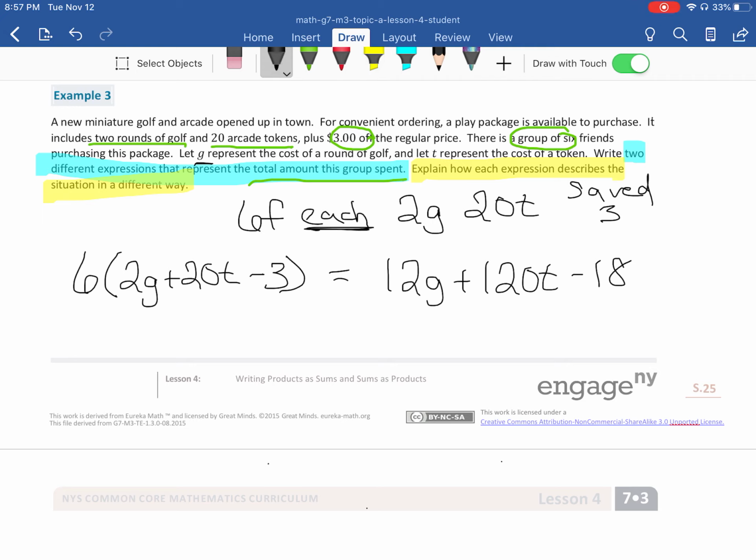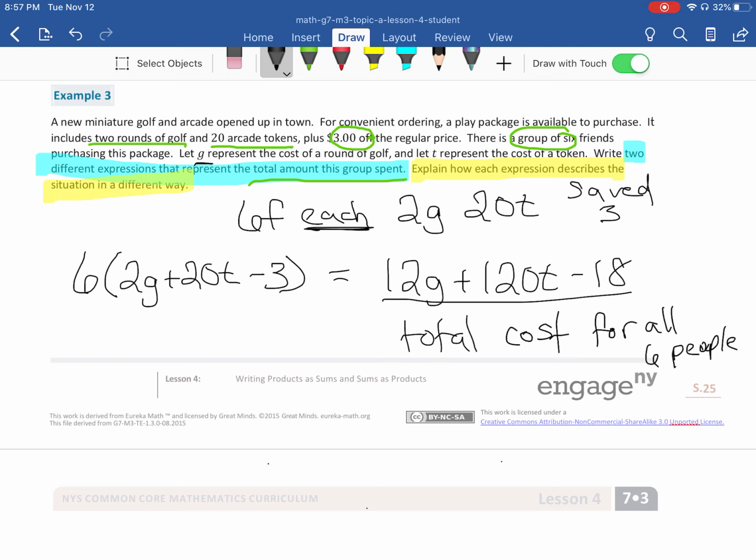This one right here tells us the total cost for all 6 people. And say one person is paying for all 6, it's much easier just to know the total cost. But this one tells you the cost of each person, and then you multiply it by 6.